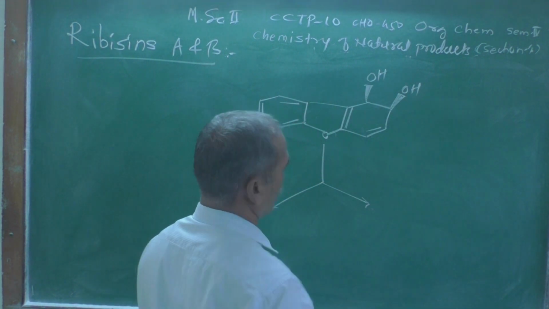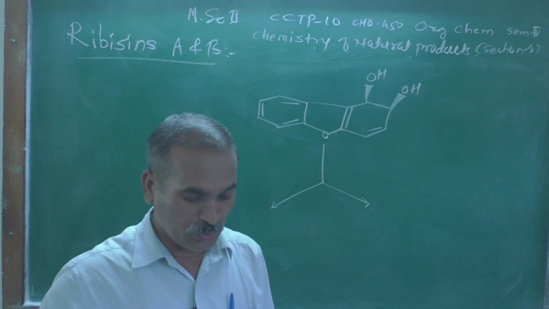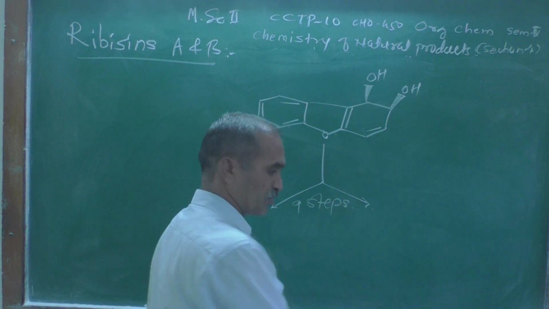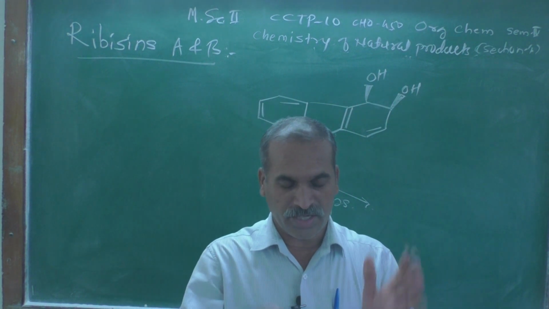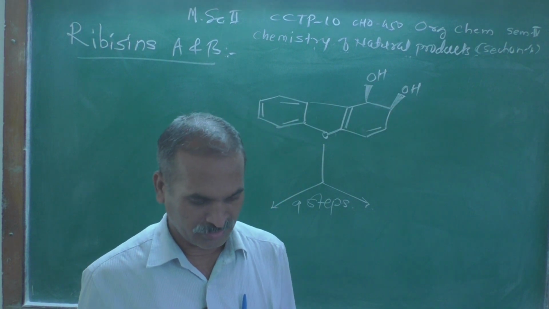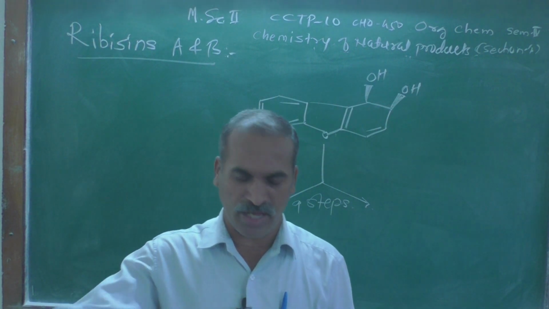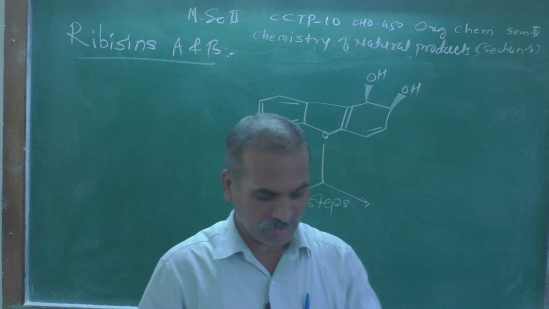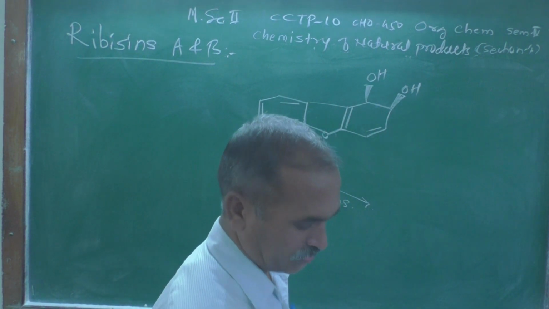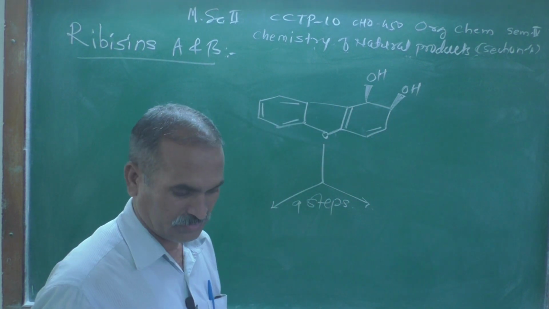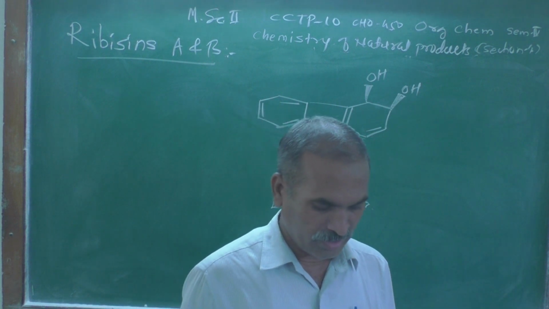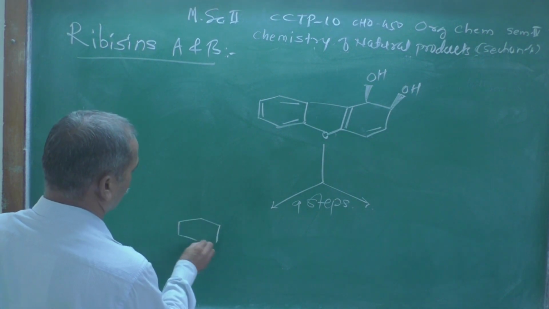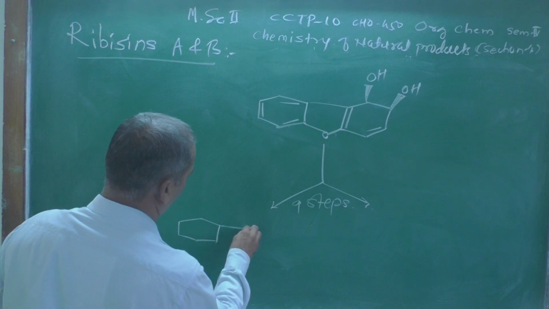From this precursor, or from this starting material, if you do 9 steps, using various reagents and reaction conditions, after 9 steps or more, finally they have obtained the products, and those products are known as ribosine A and ribosine B. Let's observe these two structures carefully here.